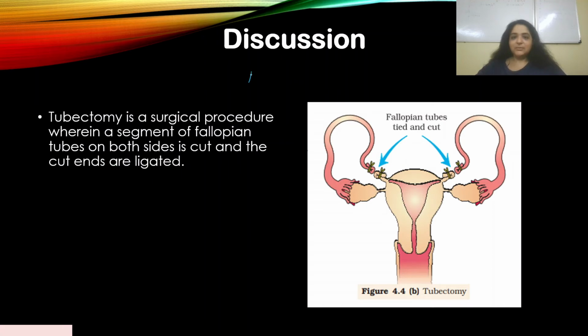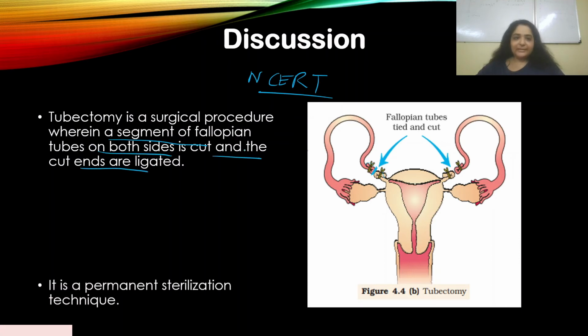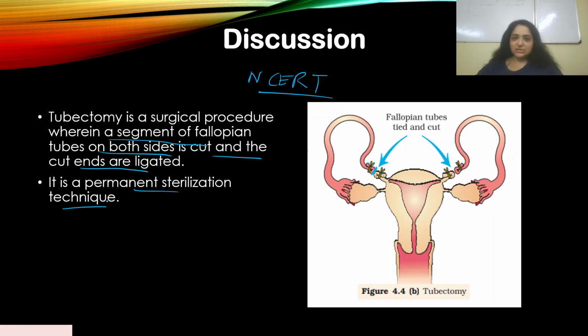This is taken from NCERT, so you should be familiar with this. Fallopian tubes are cut and tied, like this. Tubectomy is a surgical procedure wherein a segment of the fallopian tubes on both sides is cut and the cut ends are ligated. It is a permanent sterilization technique.